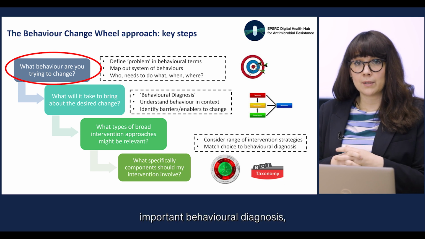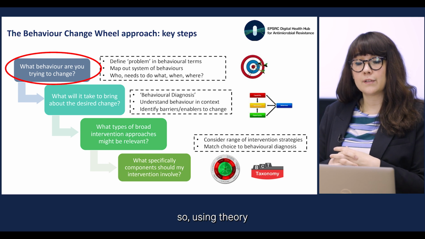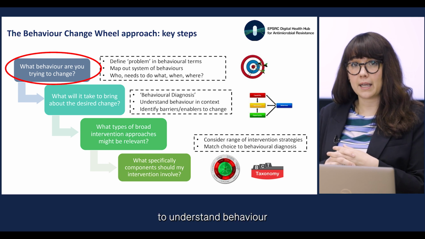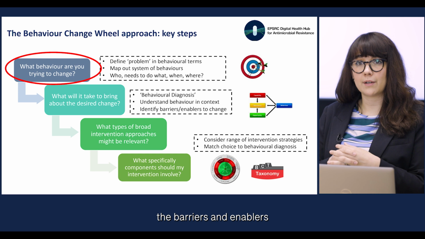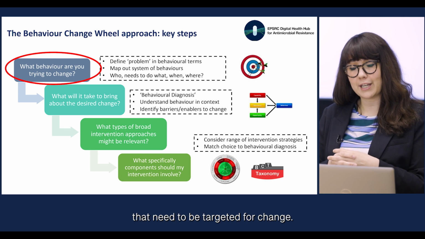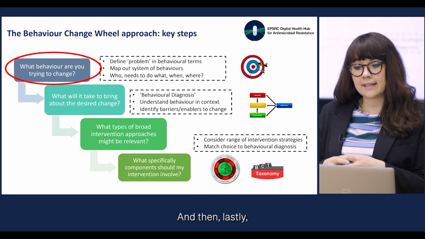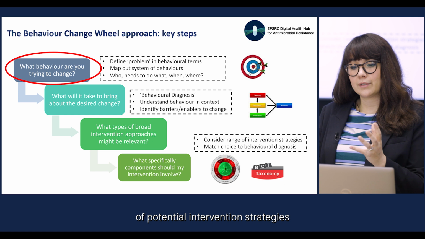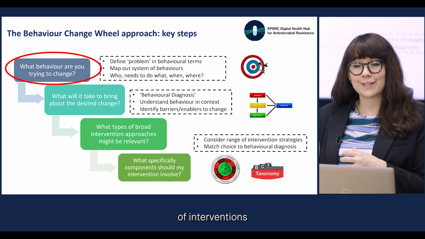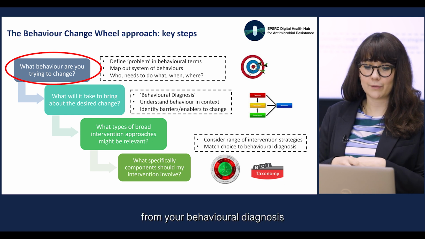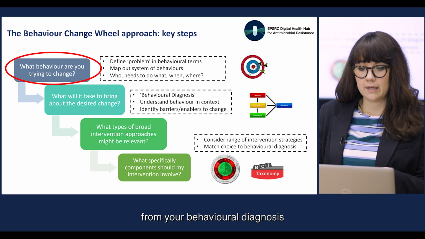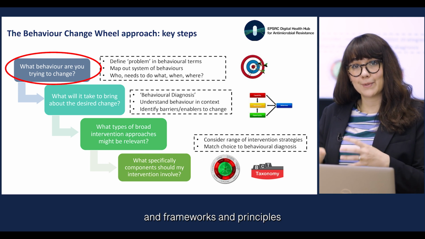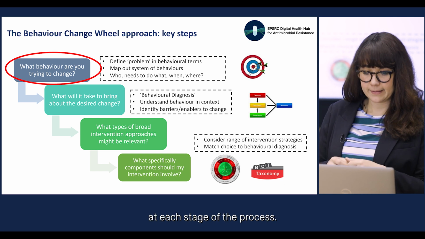Then moving on to the all-important behavioral diagnosis, using theory to understand behavior in context and identify the barriers and enablers that need to be targeted for change. And then lastly, considering the broad range of potential intervention strategies and matching your choice of interventions to the findings from your behavioral diagnosis. And there are theories and frameworks and principles that you can use at each stage of the process.